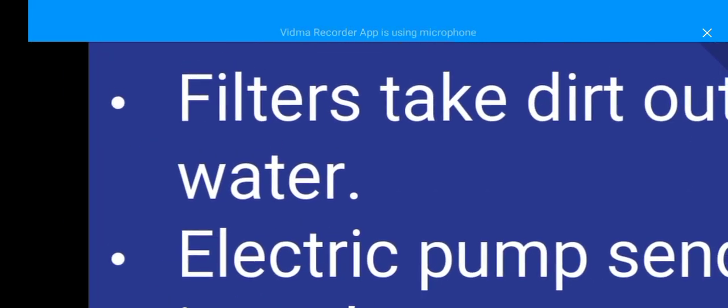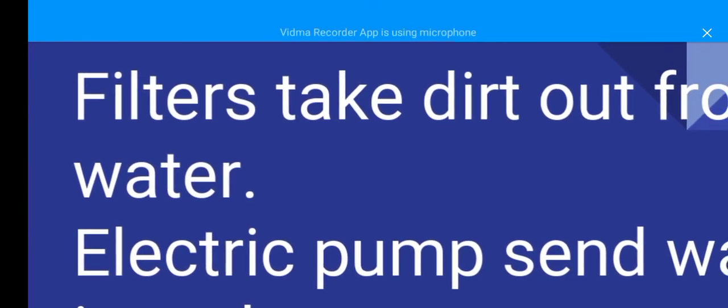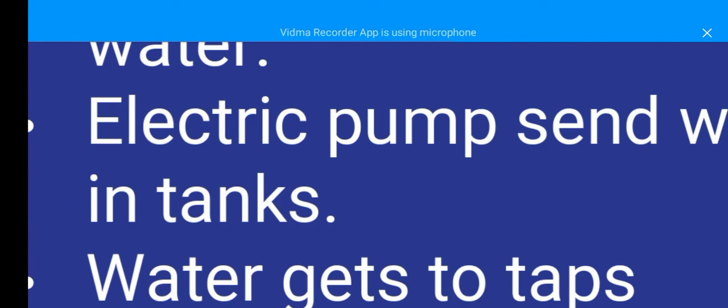And the next one, we can see that filters take dirt out of water. Again, a very important point: what is the function of the filters? Filters take out all kinds of dirt from the water. The next point is that electric pumps send water into tanks.